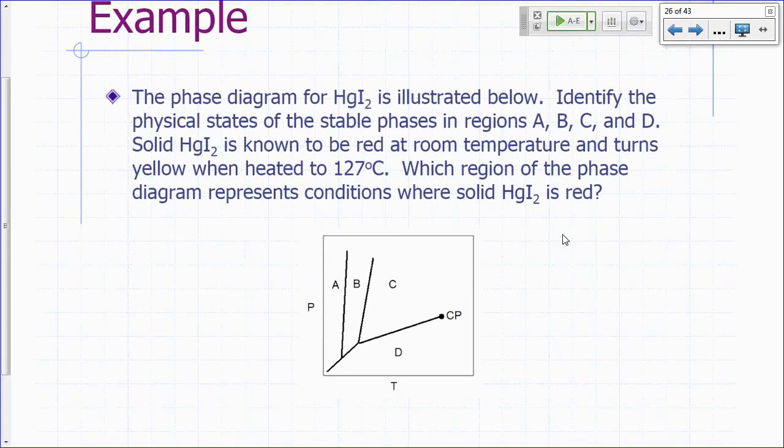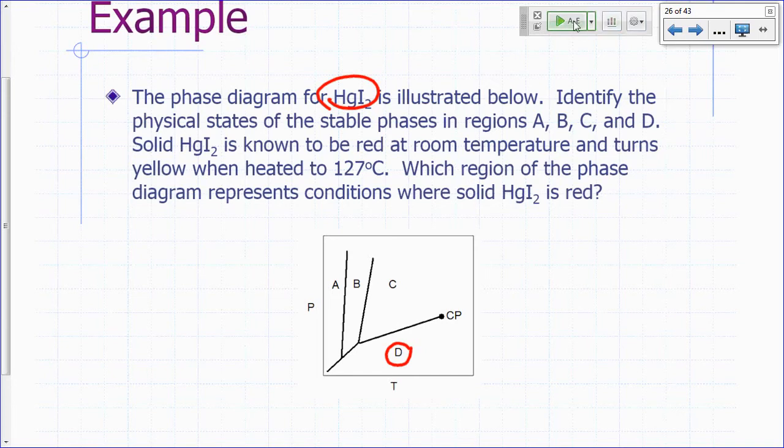So here's an example. This is a phase diagram for mercury iodide. It looks like this. This is just an illustration, not drawn to scale. What phase is represented by point D? Solid, liquid, or gas? Let's make that a clicker question.